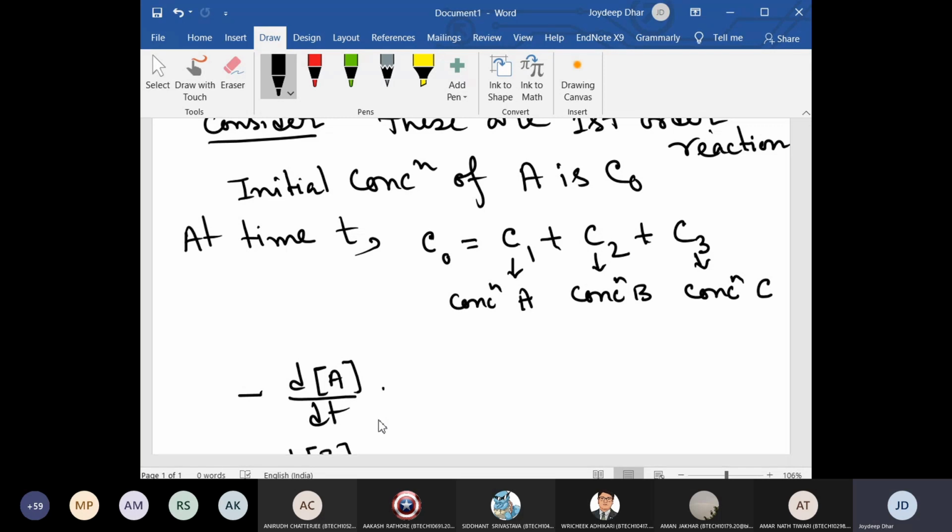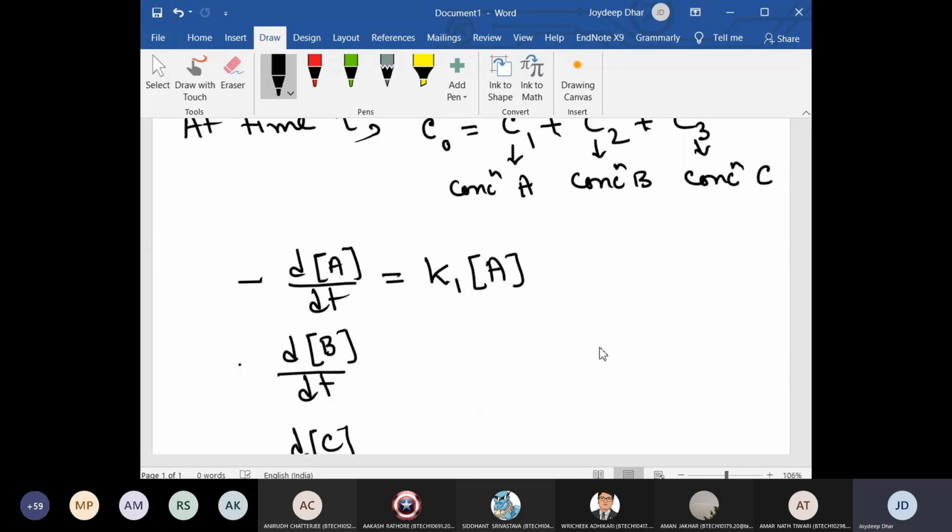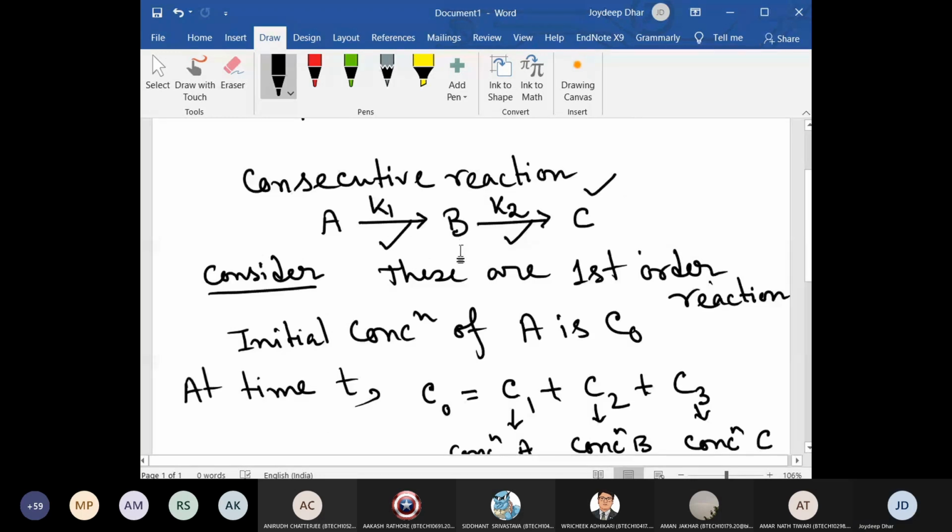If you want to write the rate of change in concentration of A with respect to time, dA dt, I can write according to the rate equation K1 into the concentration of A at that time. I have considered the reaction is first order, so the power is 1. B's concentration with respect to time will depend on two steps. In the first step it is forming, in the second step it is consuming.